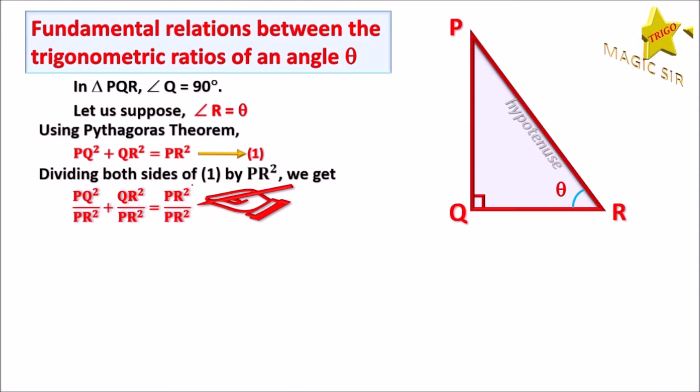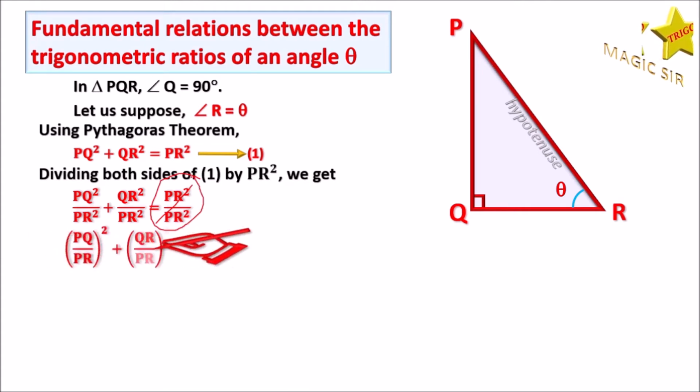But we know that PR square upon PR square is equal to 1. So we have (PQ upon PR) whole square plus (QR upon PR) whole square is equal to 1.